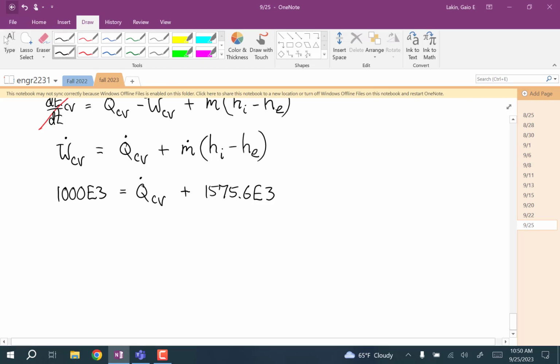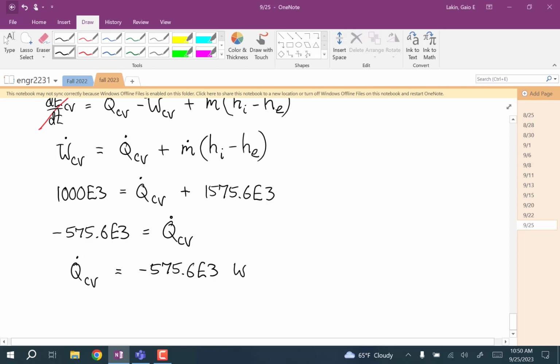So subtract 1575.6 from both sides, and you get negative 575.6 times 10 to the third is equal to Q dot for the control volume. So our answer is Q dot CV is equal to negative 575.6 times 10 to the third, and this is in watts.